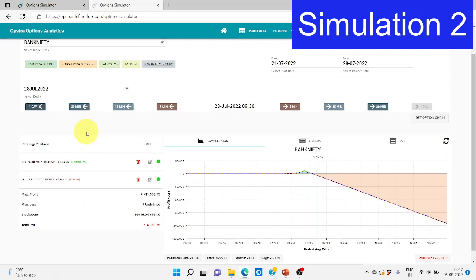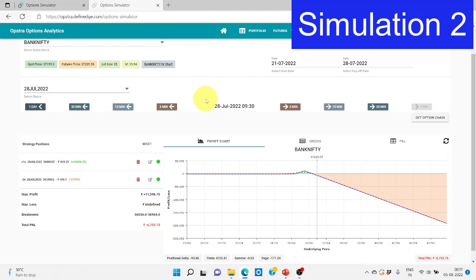Now in this case what we need to understand is that because we are selling a little nearer to the ATM than the last time, if the market moves violently, like 1,000 or 1,500 points, which can usually happen, then we will end up in a loss. Last time we saw we had a very good buffer, because the ATM we entered was 36,000 and the buffer was around 1,500.